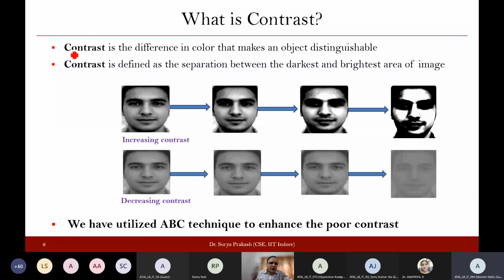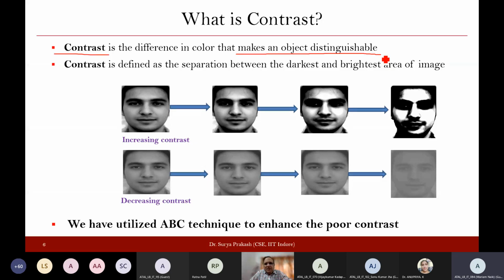In very short, we can say that contrast is the difference in color or intensity that makes an object distinguishable. Normally in the image you will have some objects and some background. Whenever there is a good difference between the foreground and the background, whatever object is displayed in the image will be properly visible.